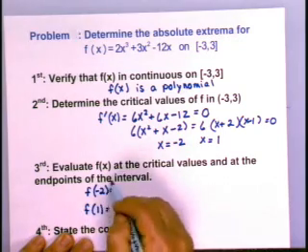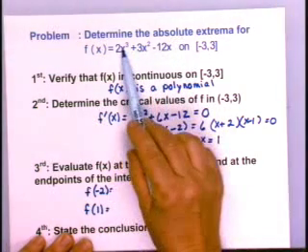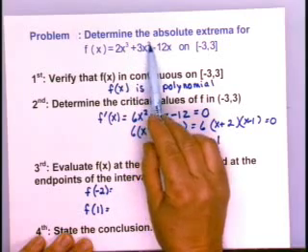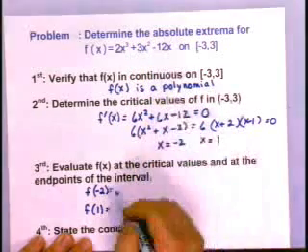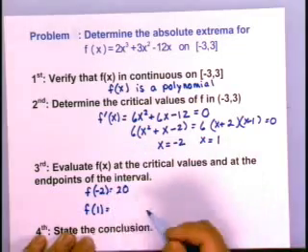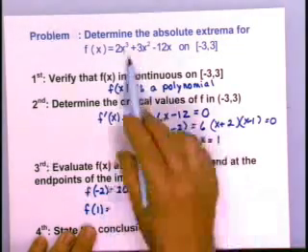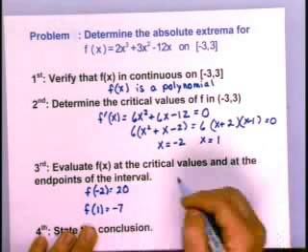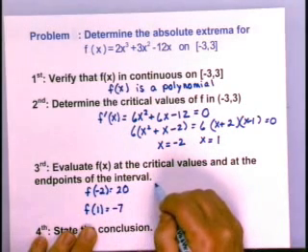If you take the number -2 and you substitute it into the original function, 2 times -2 cubed plus 3 times -2 squared minus 12 times -2, you obtain 20. In a likewise manner, if you substitute 1 in, you get -7. Now, we also have to test the endpoints.